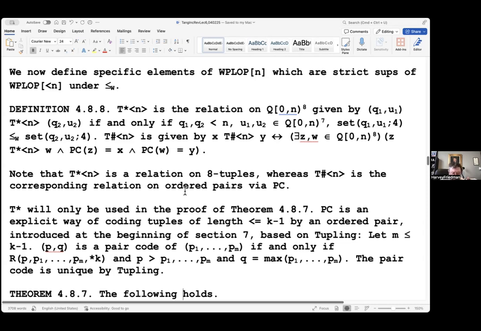And to give you the idea of the form it takes, PQ is a pair code of P1 through PM, if and only if R of P, P1 through PM star K. See that this is the thing we said at the outset of coding. Remember, tupling was called tupling right in the beginning of the talk. The pair code is unique by tupling, yeah.